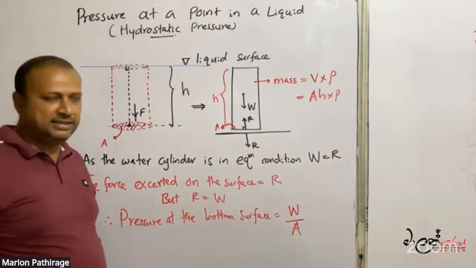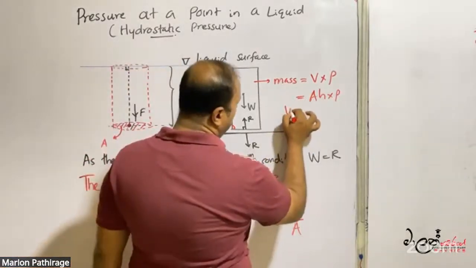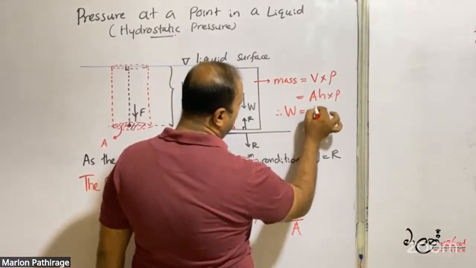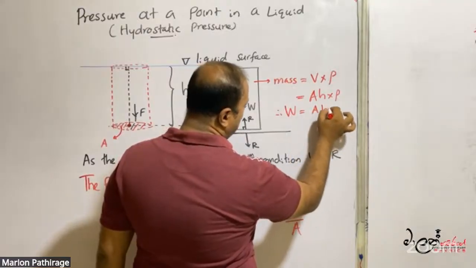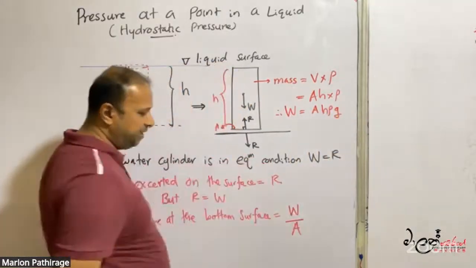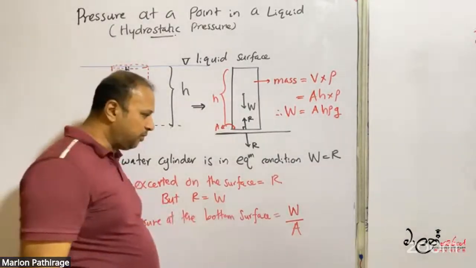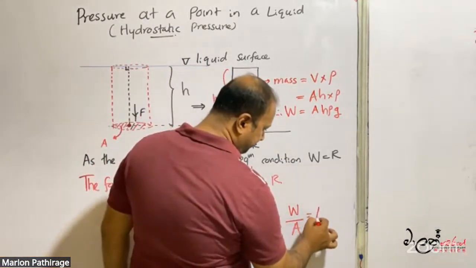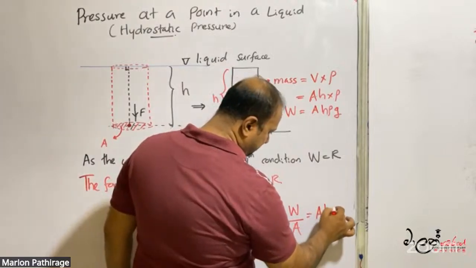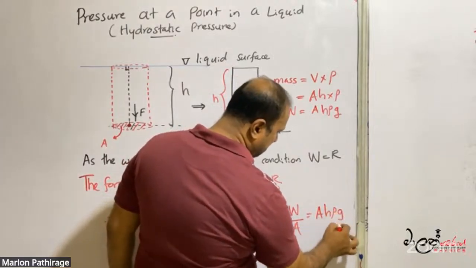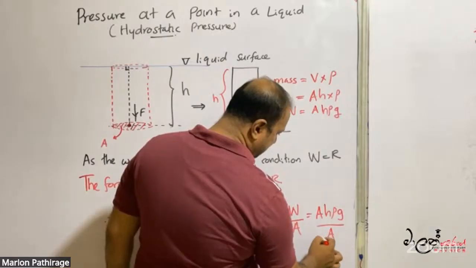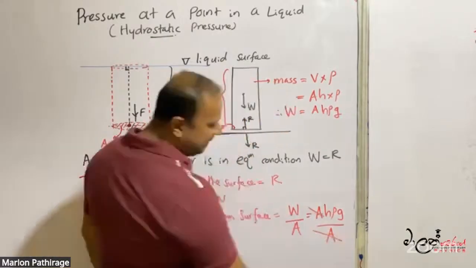Therefore, weight is equal to A H rho G. Divided by A, the A will be cancelled out.